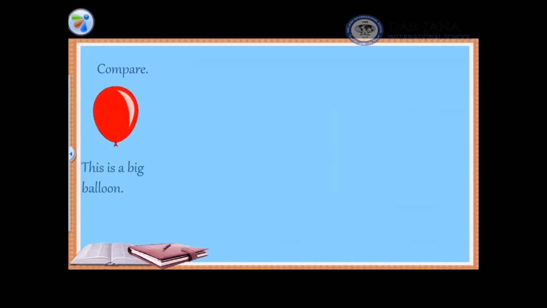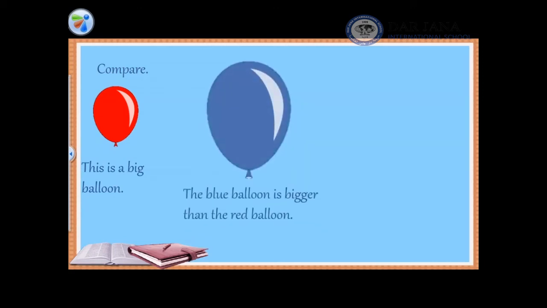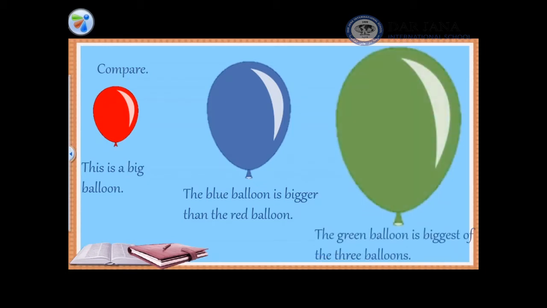Compare. This is a big balloon. The blue balloon is bigger than the red balloon. The green balloon is the biggest of the three balloons. If you noticed here, I have the word than.